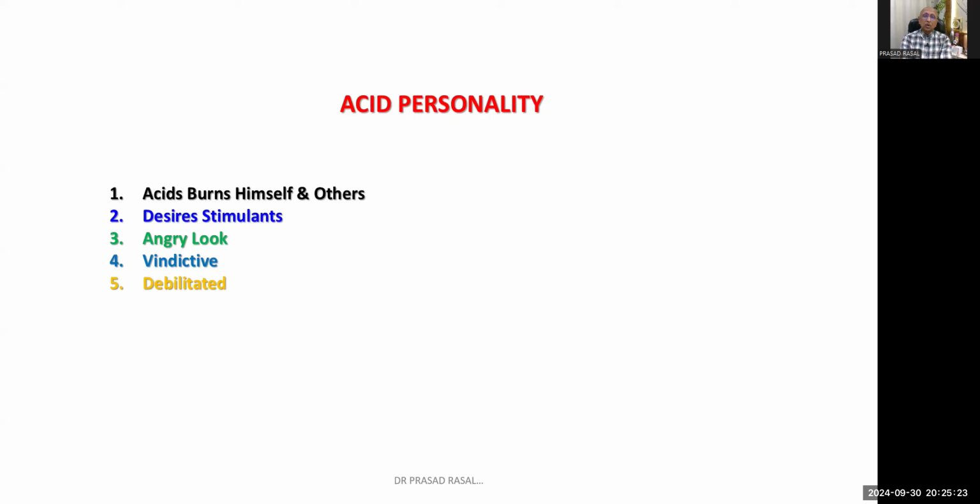On one side of the coin they are absolutely lovable, but once anger or hate develops, they cannot stop hating. It never comes out, like nitric acid: hatred for persons, unmoved by an apology. So acids are personalities who generally burn themselves as well as others.